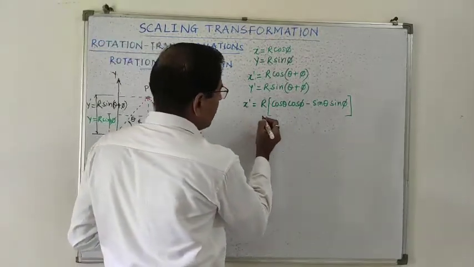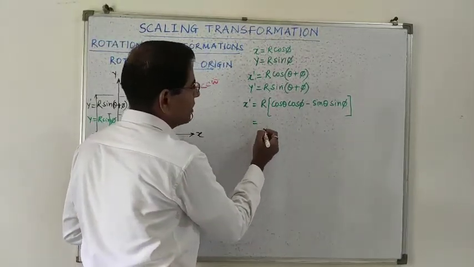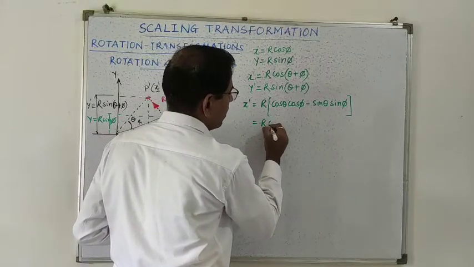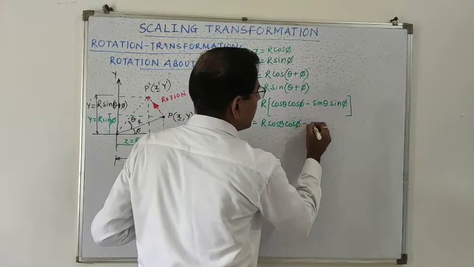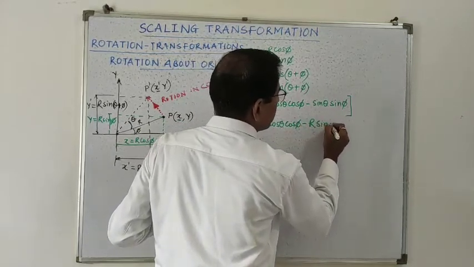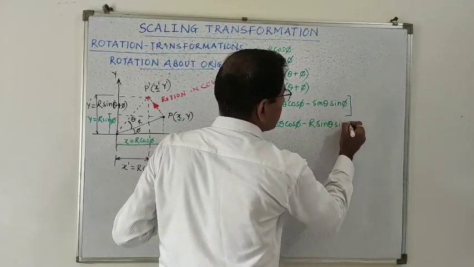If you open the bracket, it is r cos theta cos phi minus r sin theta sin phi.